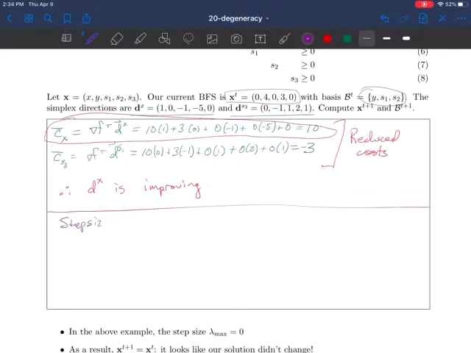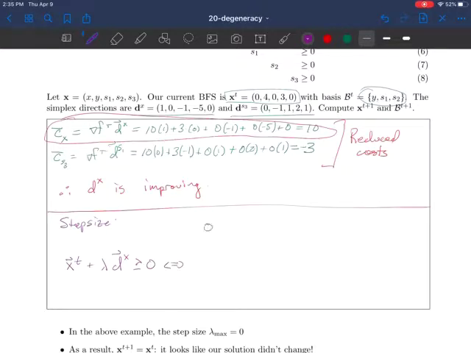Okay, so we want to now do the lambda calculation, so the step size. We are going to be able to do that from saying, well, xt plus lambda dx, as that's our improving direction, has to be greater or equal to 0.